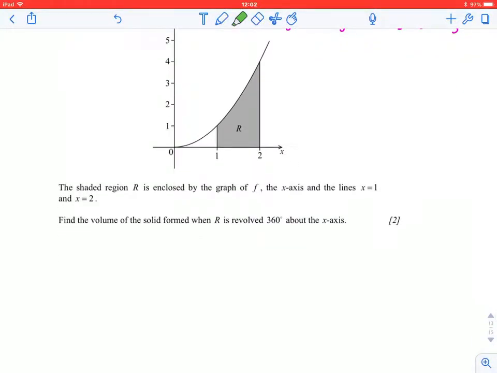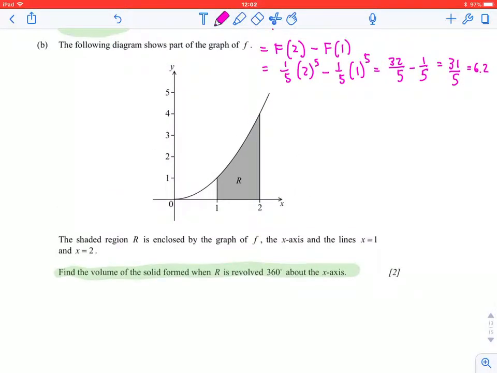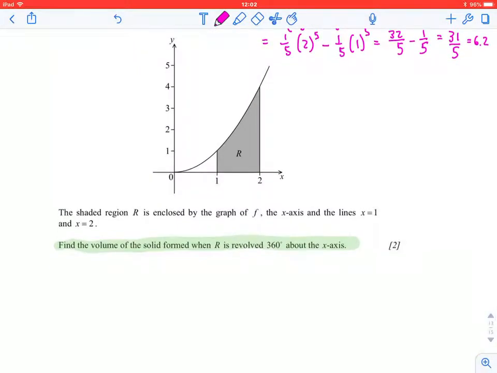Okay, so now we are asked to do volume of revolution, where we're given a region that is being rotated around the x-axis. We have some boundaries. So this is a pretty straightforward volume of revolution question. Just to give you a bit of a hint here, here is a strip.